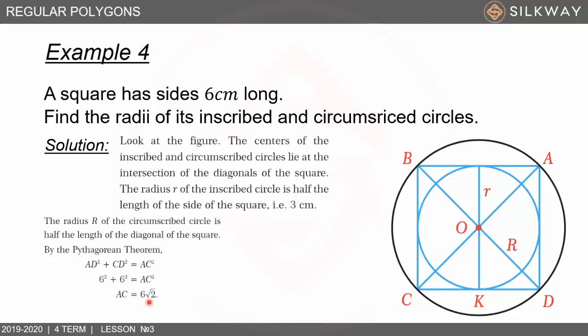If we divide AC by 2, we find the radius of the circumscribed circle. So the radius of the circumscribed circle is equal to 3 multiplied by root 2 centimeters. I think it is clear for you.